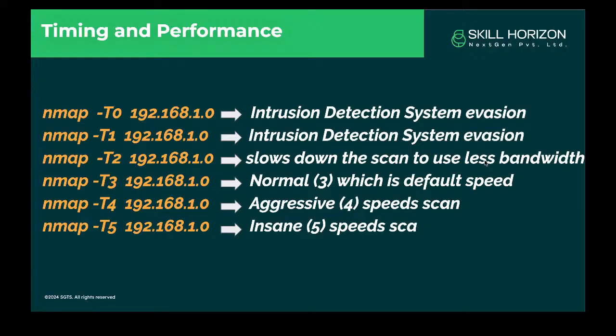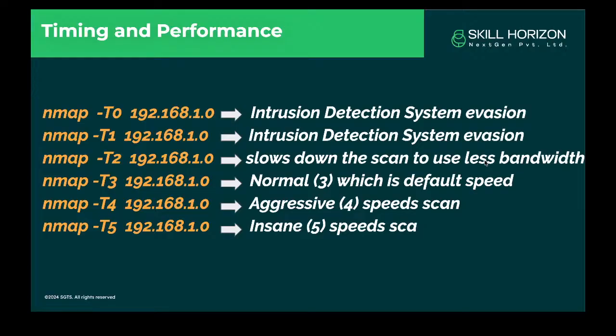But if you want to slow down your scan, then you can use T0, T1 or T2. Okay, so keep that in your mind: do not use T4 or T5 on live applications. So this is a disclaimer.